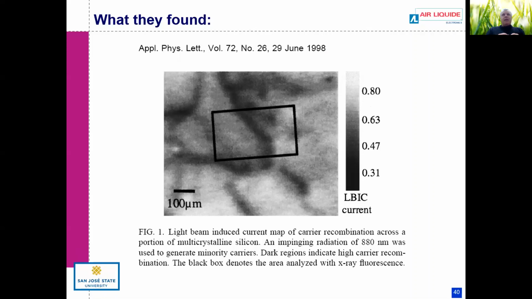I don't know exactly how this is done, but what they did was they would probably pulse a light source, and then you can map out the regions where the carrier recombination is slow or fast. And they used 880 nanometers. That's an LED wavelength.